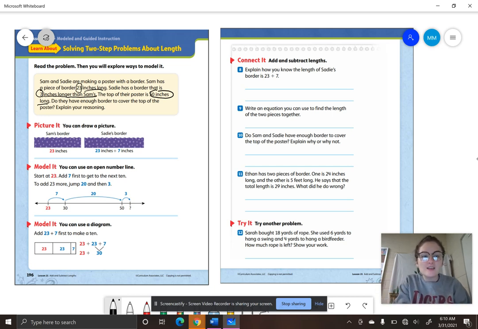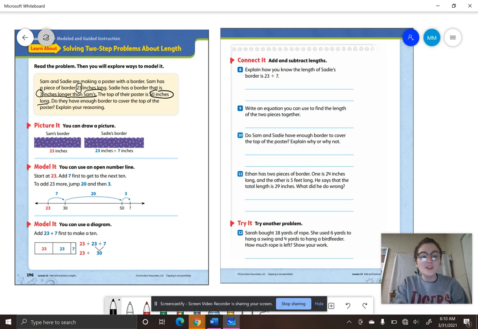So look at the equations that they've made. Sadie's border is 23 inches plus another 7 inches longer. So to find the length of Sadie's border, we are going to add what is the same and add on the extra border.